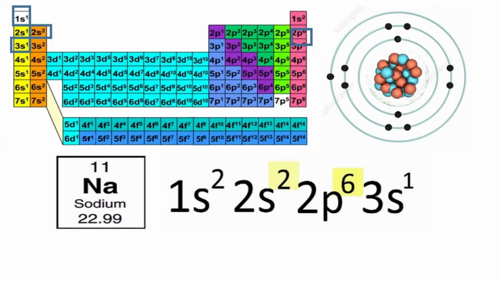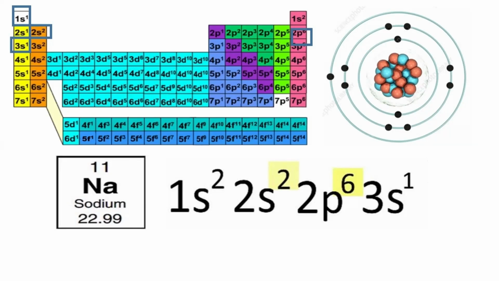Then the second energy level has two sub-energy levels. Two electrons are filled into the S subshell and it forms 2s2, and 6 electrons are filled into the P subshell and becomes 2p6, which totals 8 electrons. The remaining 1 electron then goes to the third energy level.